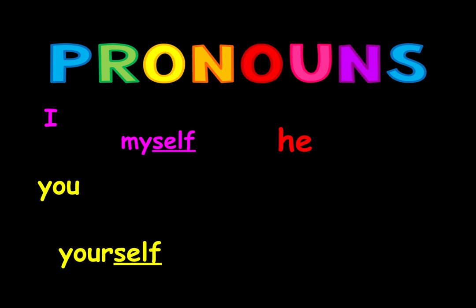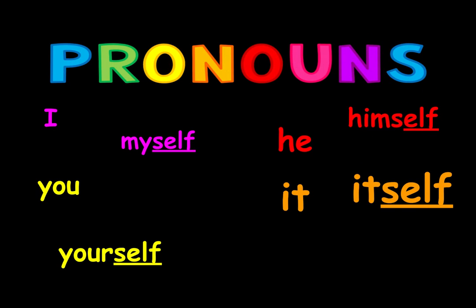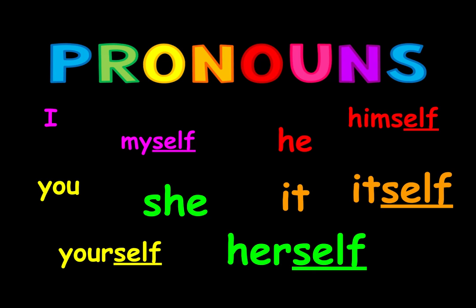All right, I, myself, you, yourself. Do you remember this one? He, himself. What about this one? It, itself. She, herself. Those are your singular pronouns and their reflexive partner, which is an object.